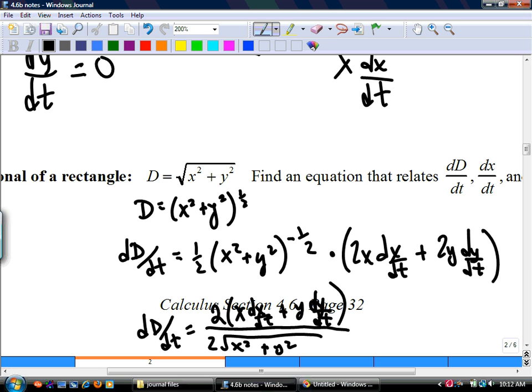Is dz/dt from above. It's the same thing. The diagonal of a rectangle is just the hypotenuse of a triangle. Right?